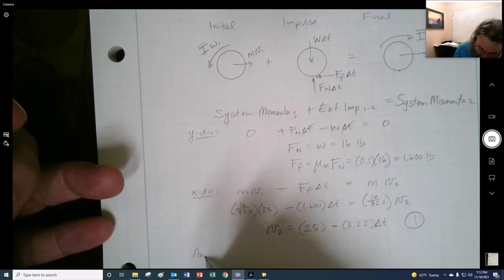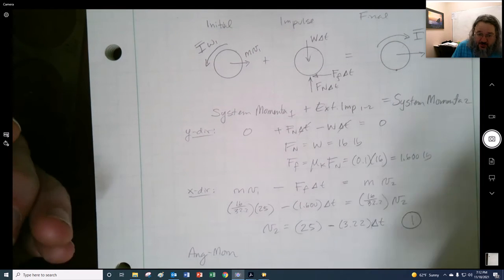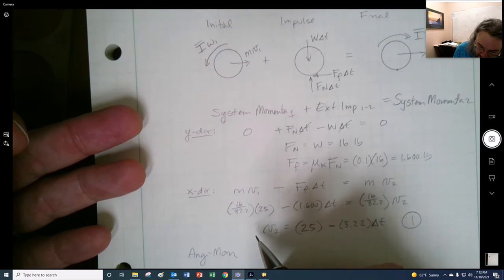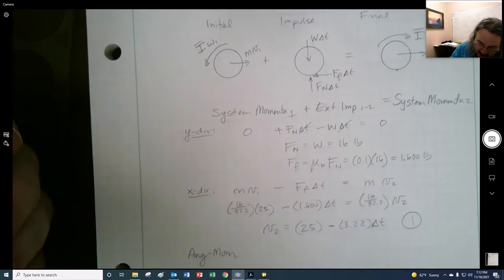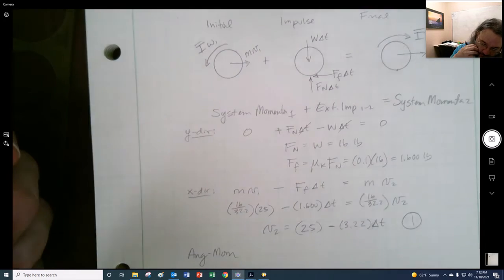Okay, so now we want to go to the angular, right? And I guess maybe, yeah, we're going to do it about the center of mass. Yeah, that's going to be the better way to do it, I think. All right.